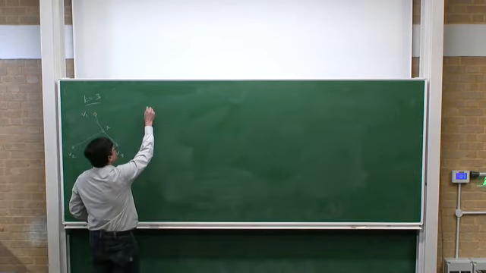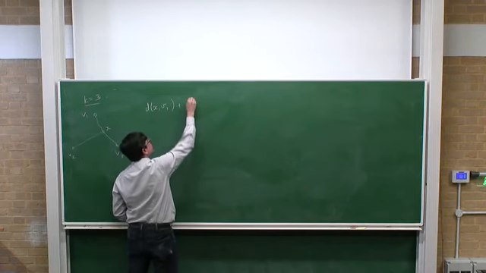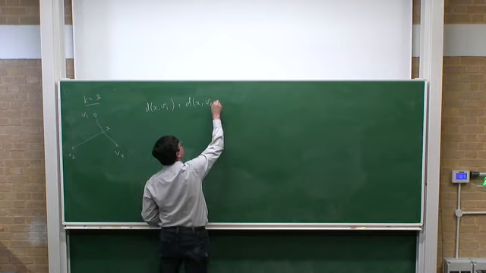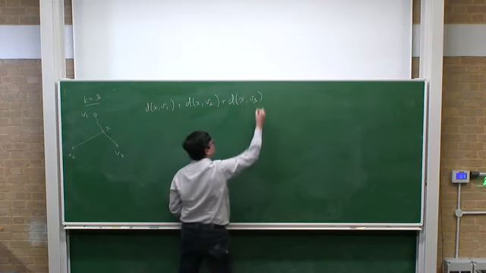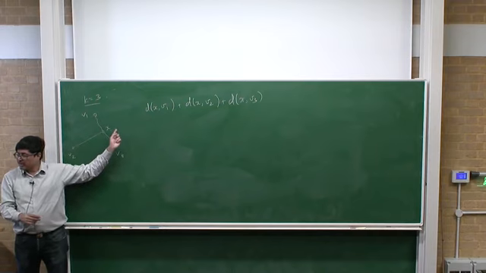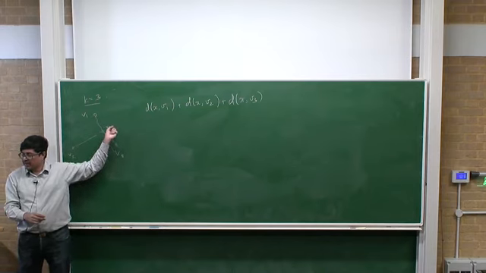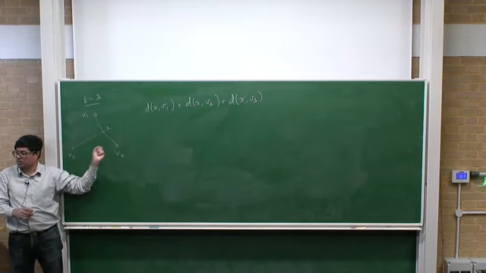So let's look at d(x,v1), d(x,v2). We can think of an infection starting at x, and what's the sum of the times at which it infects v1, v2, and v3?